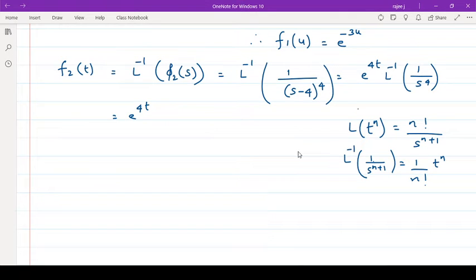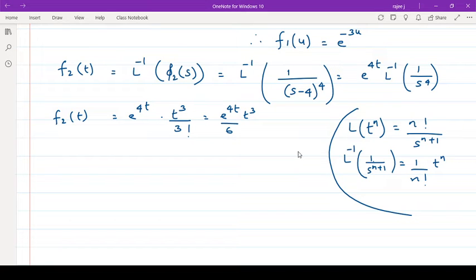So by using that, here L inverse of 1 by s raised to 4, means 3 plus 1, that is 4, will be t raised to 3 upon 3 factorial. That means e raised to 4t, t raised to 3 by 6, since 3 factorial means 6. So this is our f2 of t.